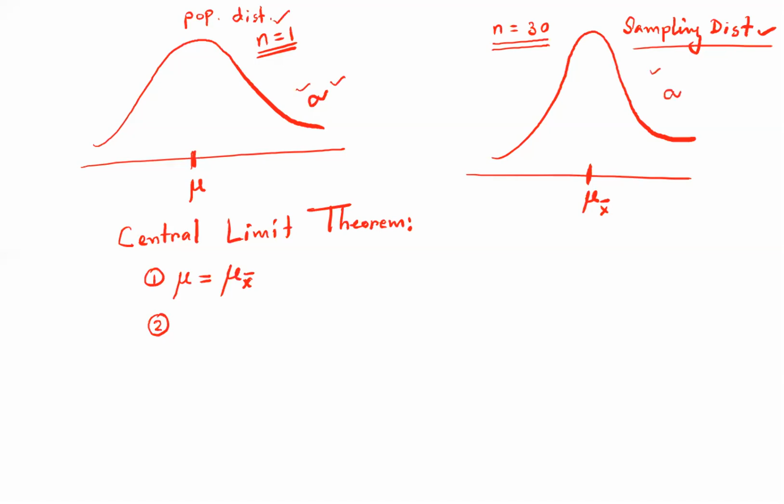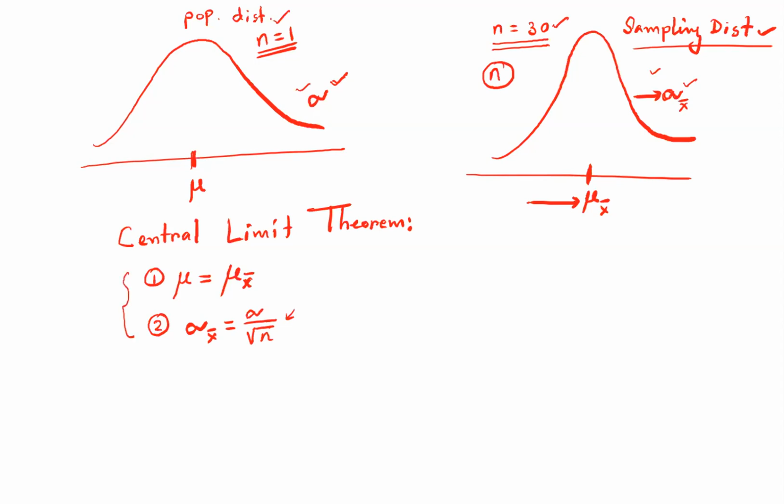And obviously, you may already have guessed, the standard deviation of the sampling distribution is written as sigma sub x bar, like the mean of the sampling distribution is written as mu sub x bar. And the relation between the two is this: sigma sub x bar is equal to sigma divided by the square root of the sample size. In our case, we use sample size of 30, so it will be technically square root of 30. In general, we denote the sample size by n, and that's why I have put n here.